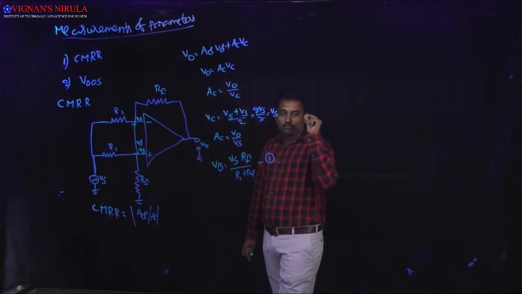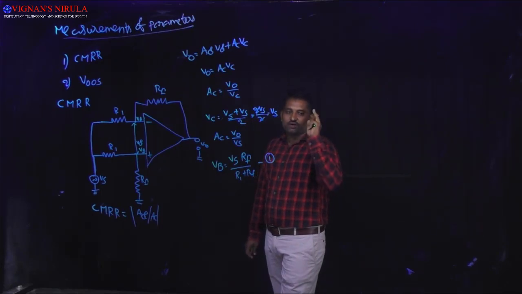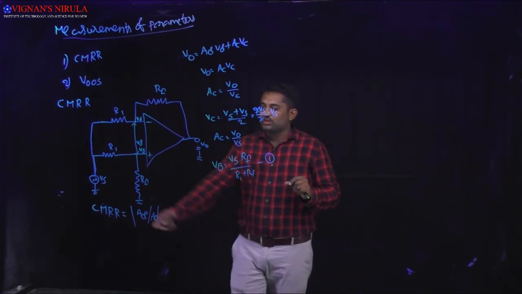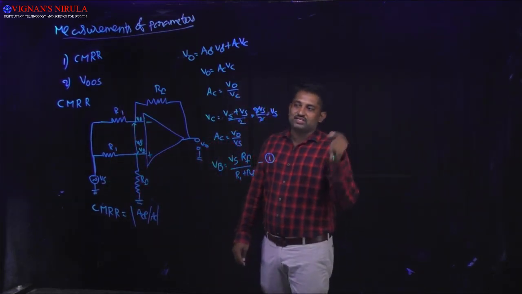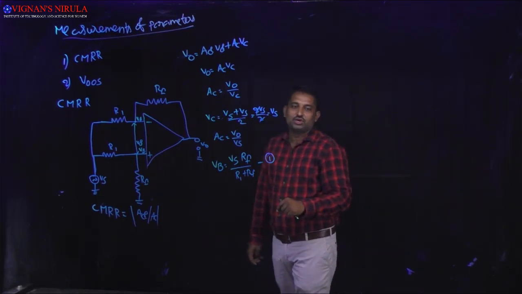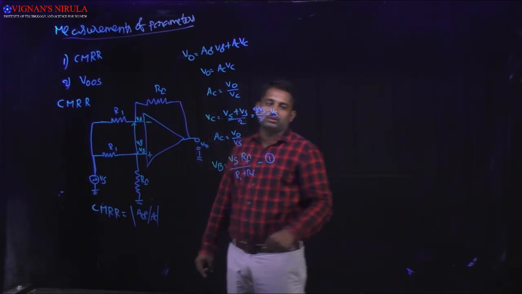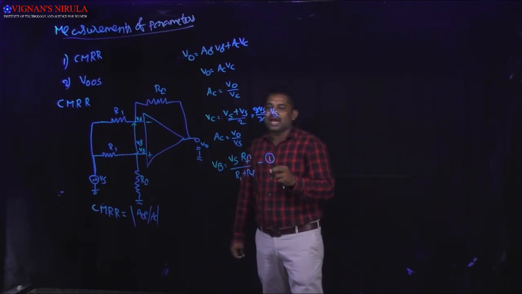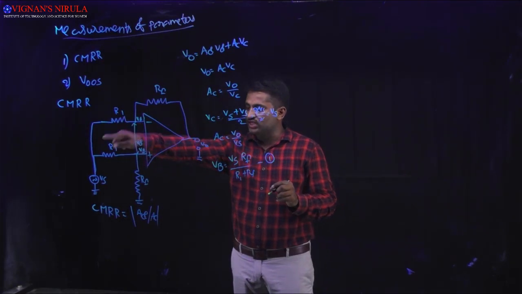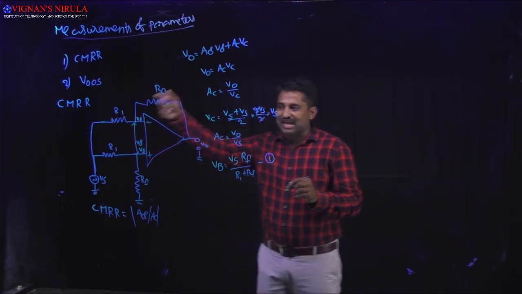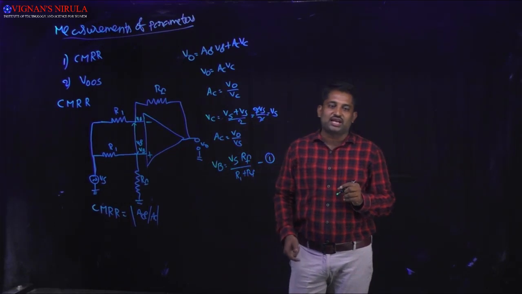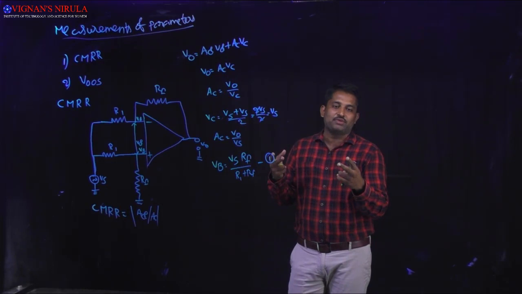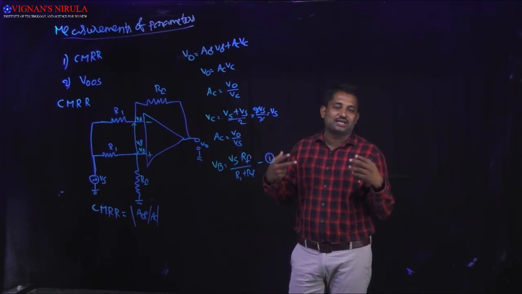Now at node A, because of two inputs, the VA value will be generated. One is with respect to Vs and the other is with respect to the feedback resistance. So the output voltage V0 is also used for the generation of VA. Just now I told you if two inputs are acting at a time, it is not possible to calculate that value.